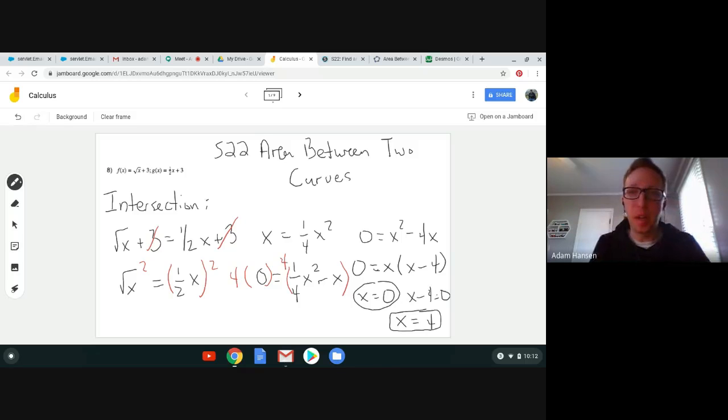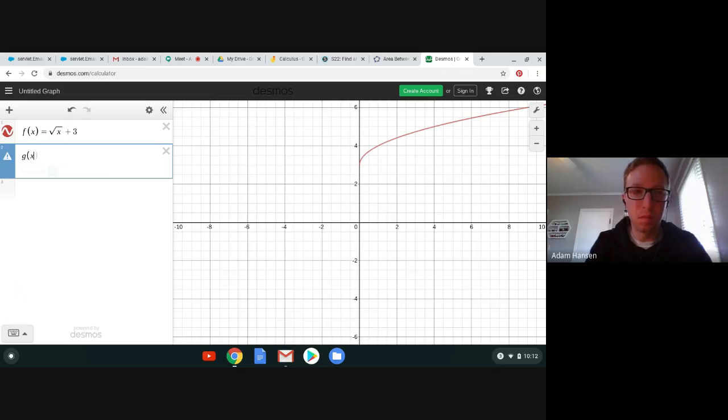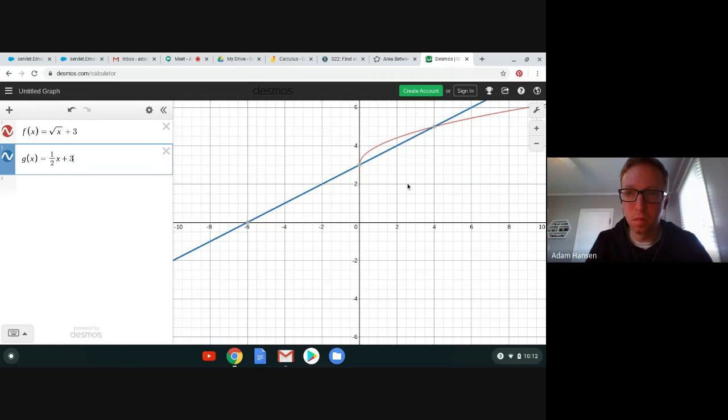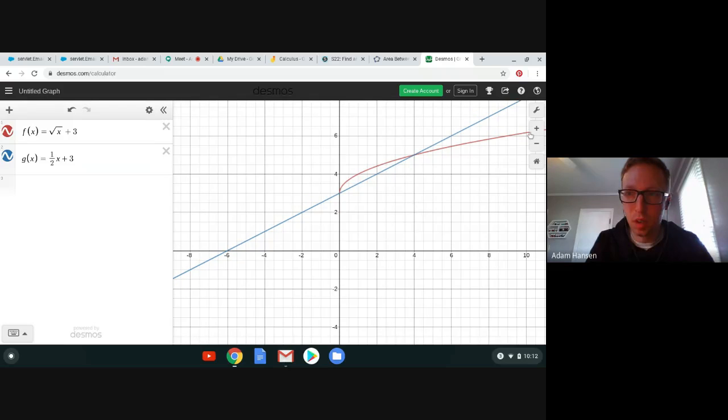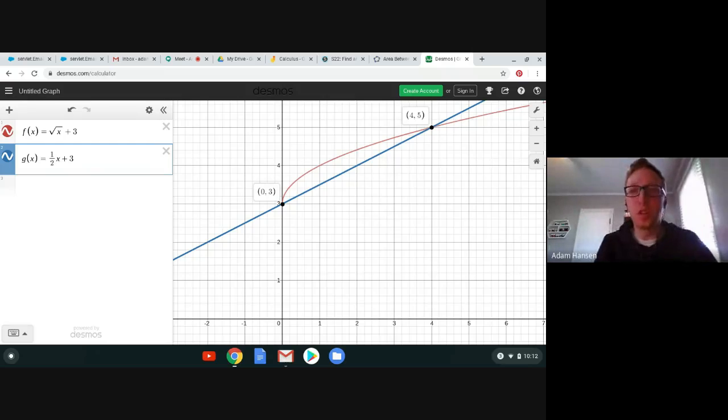We can confirm this by looking at Desmos and typing these two functions in. Looking here, I can see that for when x equals 0 and 4, these two functions are equal.